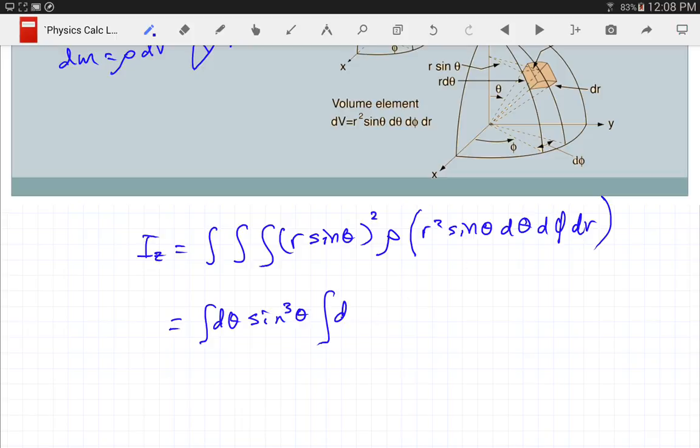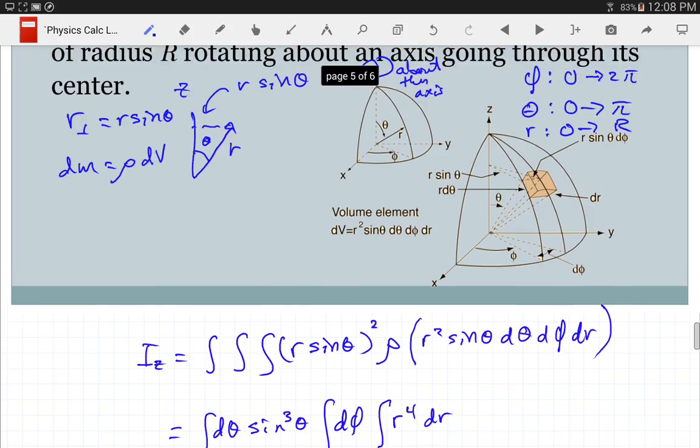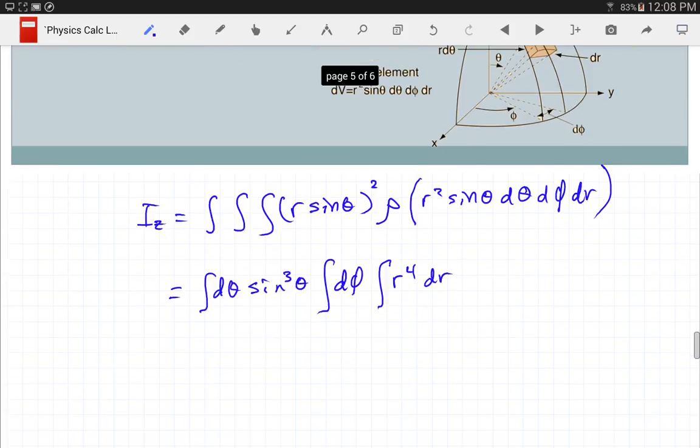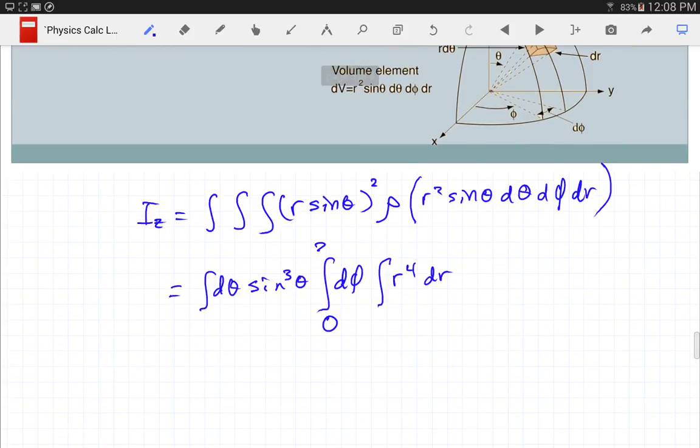And then for phi, there's no other phi's here. And finally for r, I have r squared times r squared is r to the fourth dr. For the limits, phi goes from 0 to 2 pi, theta from 0 to pi, and r from 0 to capital R.